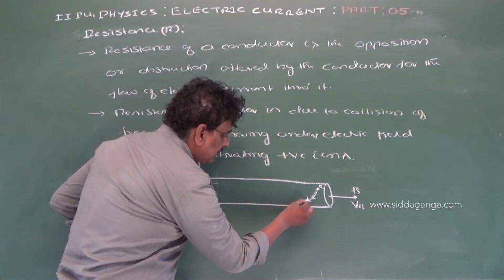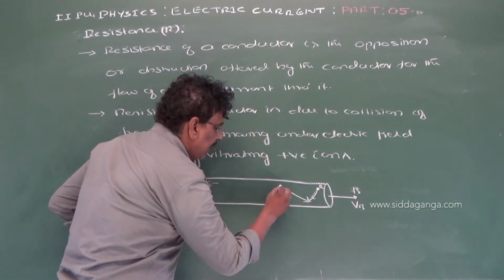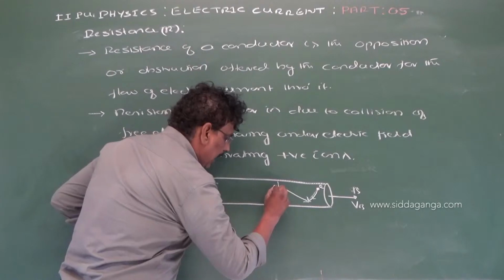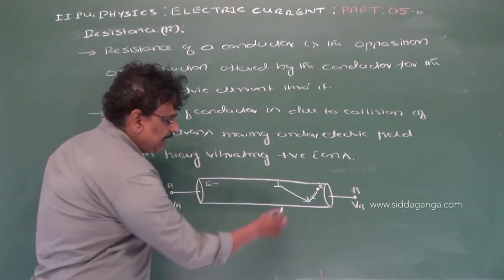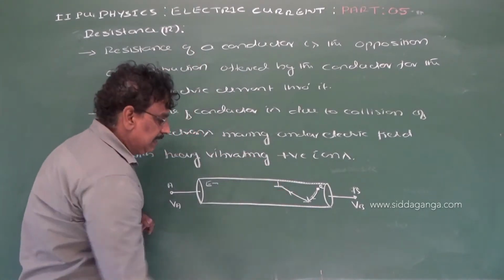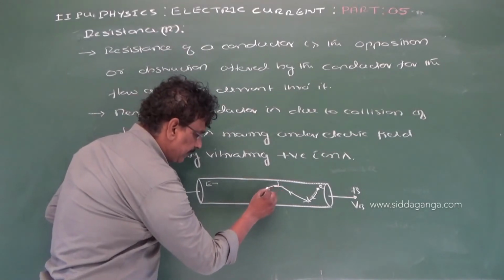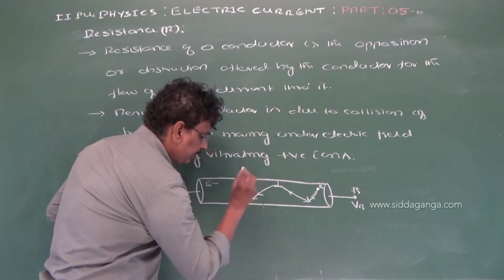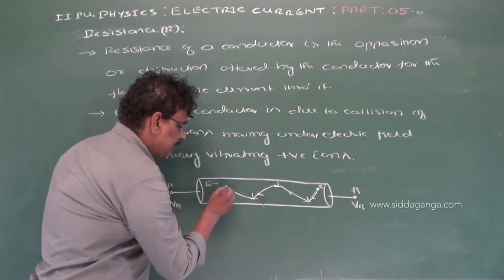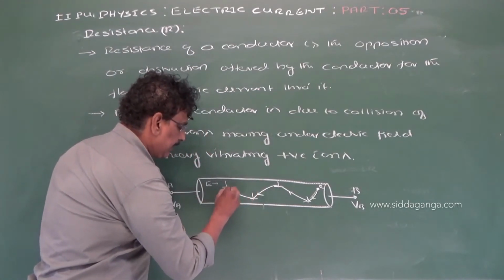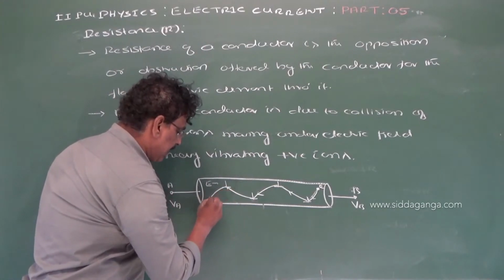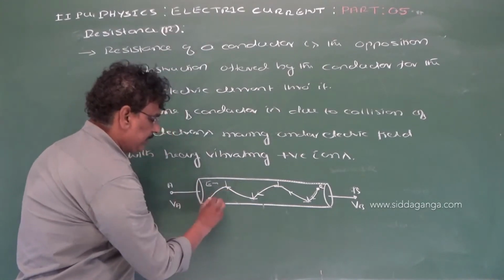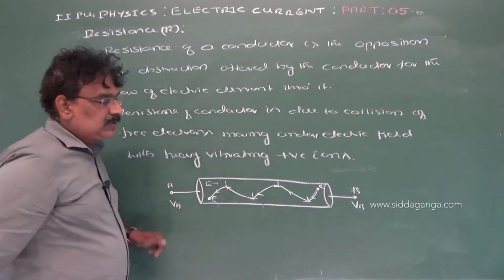Now here it changes its direction and moves to another ion. Again here it collides, then changing direction, it collides with another ion. Again it moves like that, collides here again, and reaches this point.